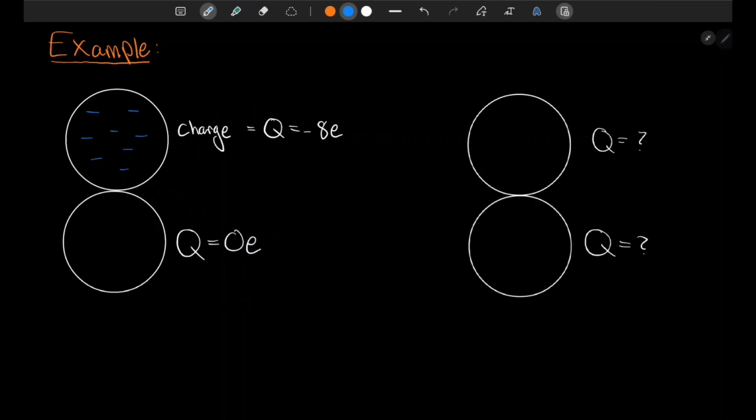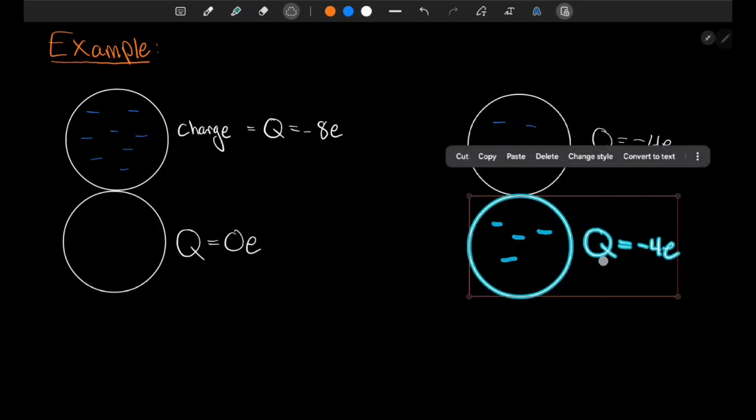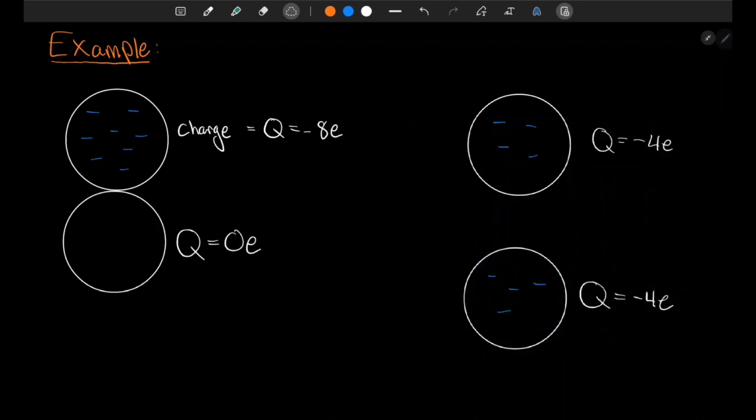If there's an equal number between the top and the bottom sphere, that would mean that we have 4 electrons, or a charge of negative 4e on the top sphere, and then an equal charge of negative 4e on the bottom sphere, so that when you touch these spheres together and then move them away from one another, you're left with a system of two spheres, both of which have an equal charge, the top sphere having a charge of negative 4e and the bottom sphere also having a charge of negative 4e.